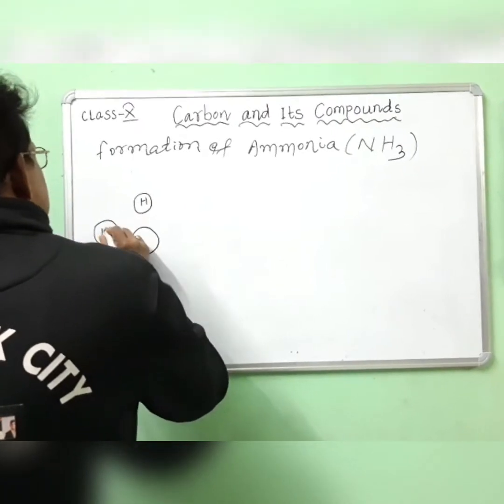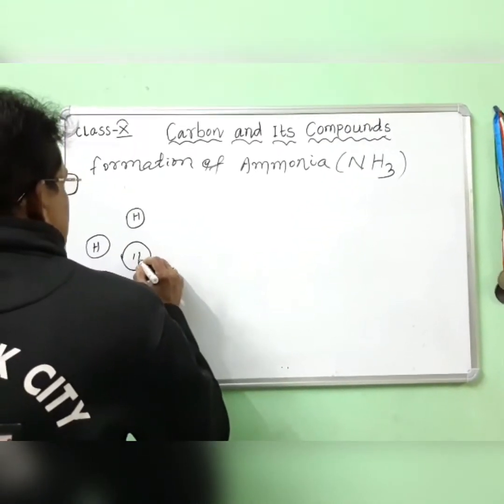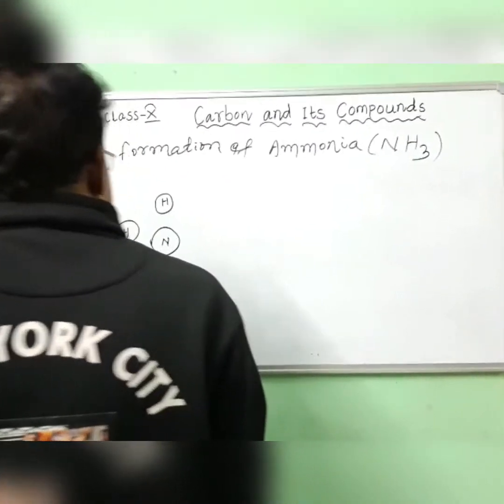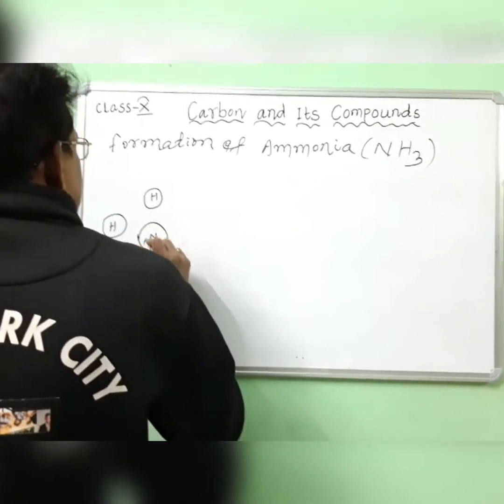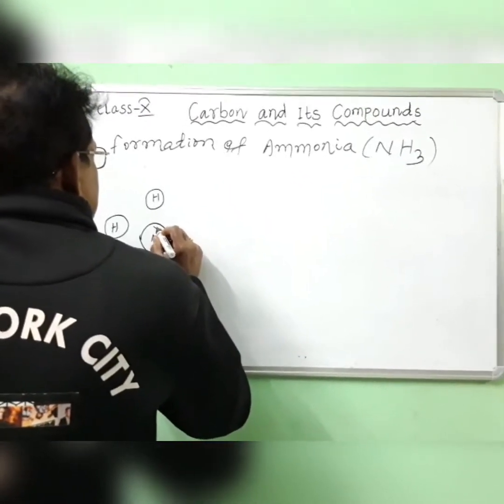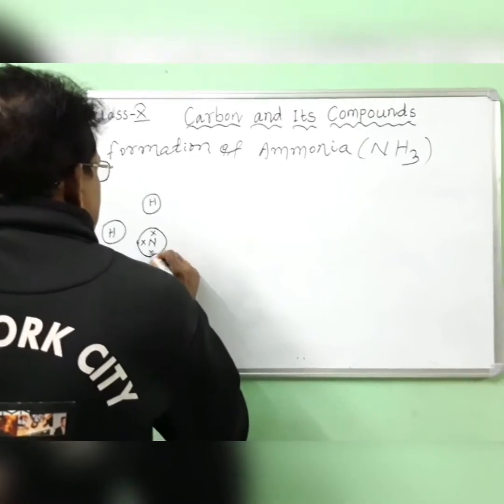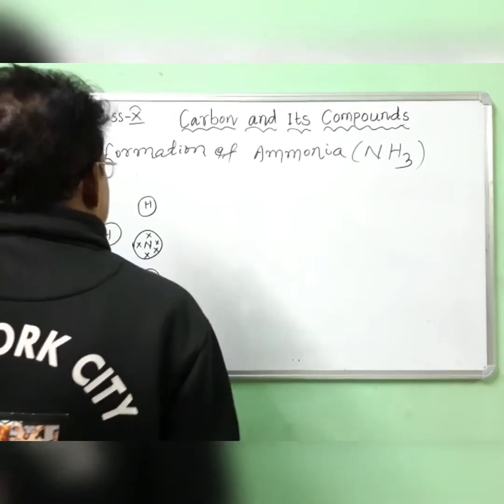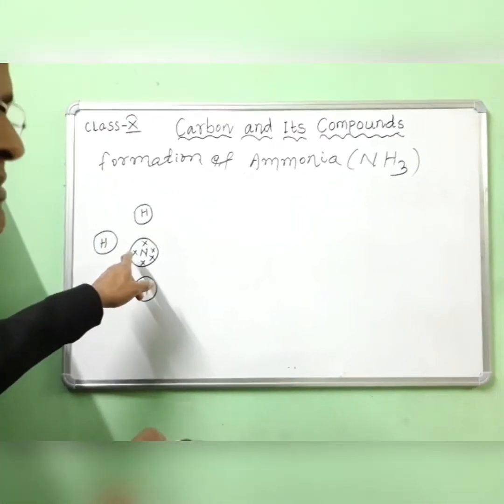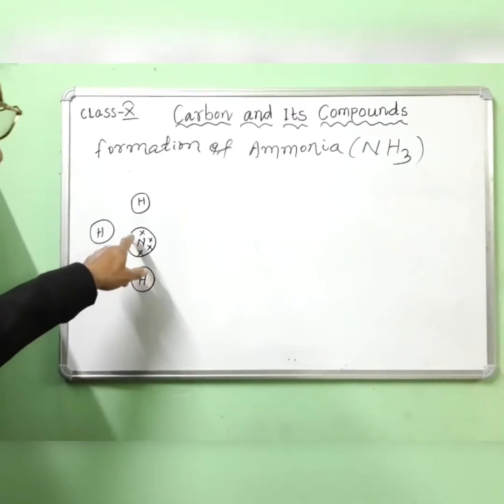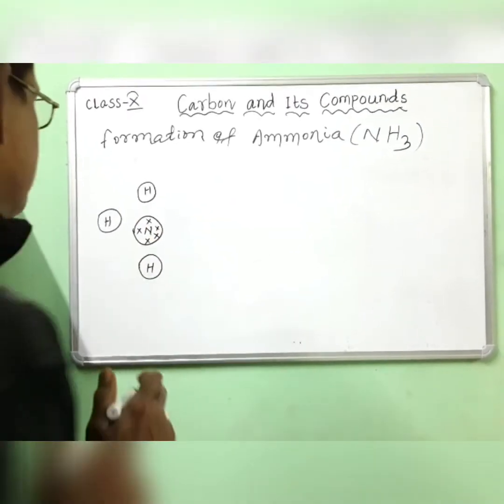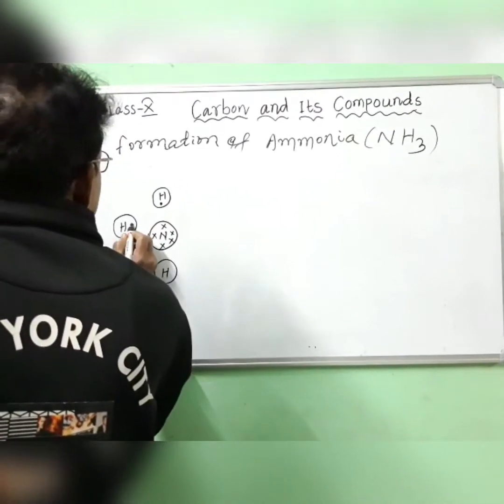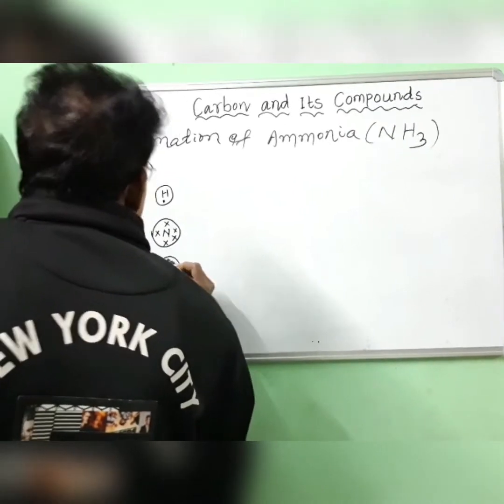Here H, here nitrogen, N. Okay, nitrogen atom has 5 valence electrons. So here each hydrogen atom has only 1 electron. Okay.